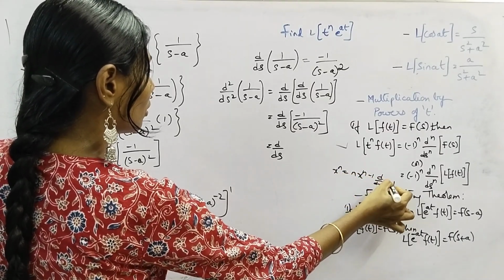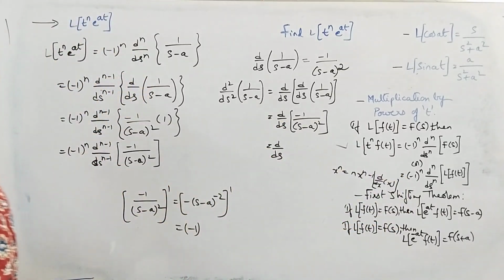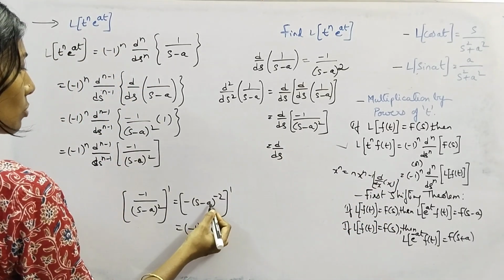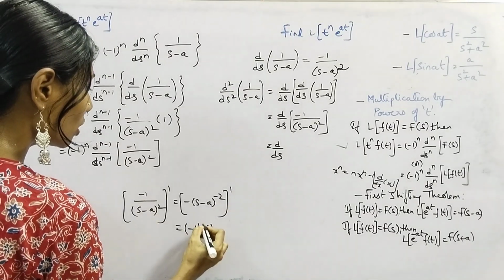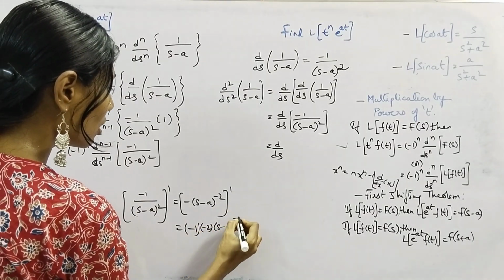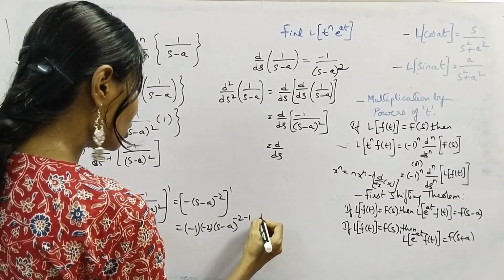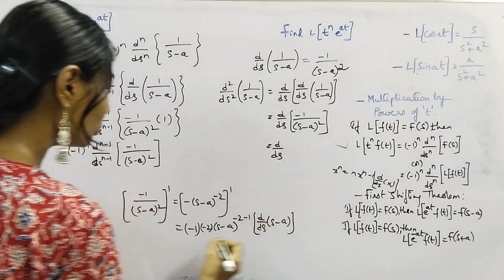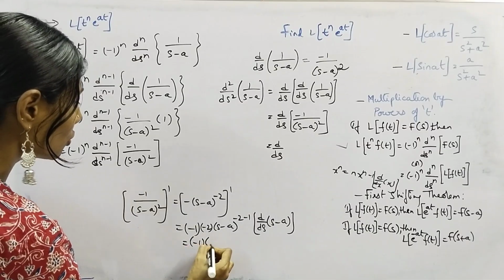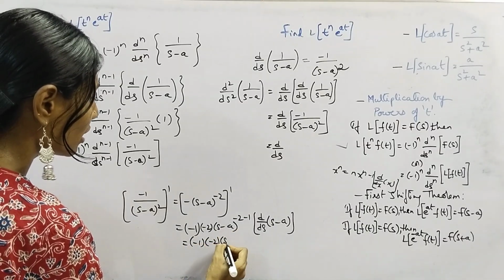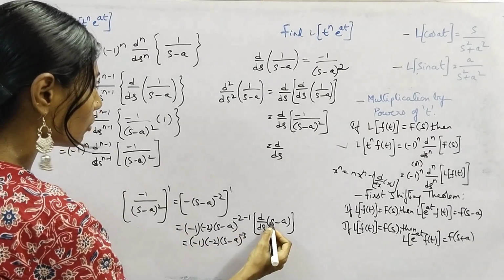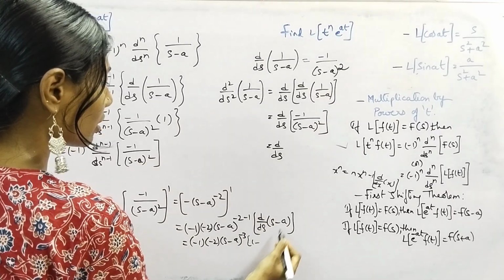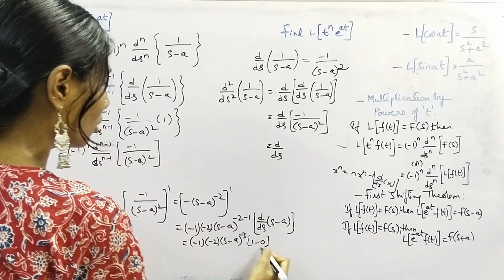So the derivative of (s minus a) power minus 2 is minus 2 into (s minus a) power minus 2 minus 1 into its inner derivative d by ds of s minus a, which gives us minus 1 into minus 2 into (s minus a) power minus 3 into the derivative of s minus a with respect to s, which is 1. The derivative of s is 1, minus the derivative of a with respect to s, which is 0.